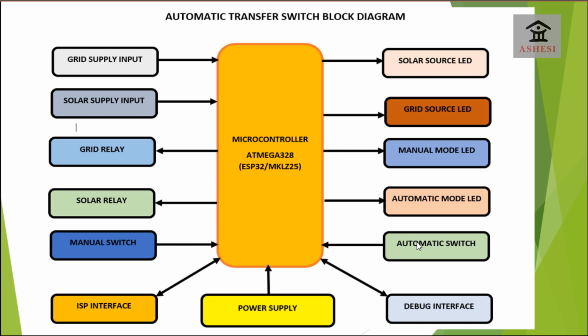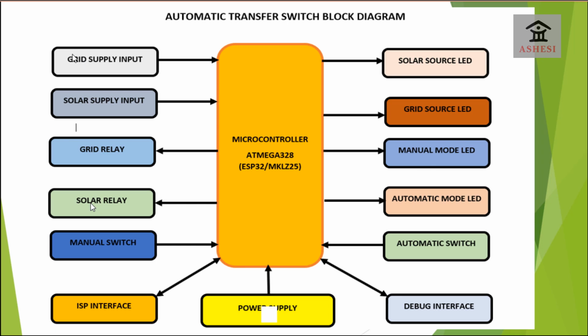There will be 2 push buttons. The first one is to put the system into automatic mode, and the second one is to put our system into manual mode. Now, we are going to be having 2 relays. The first relay, which is the grid relay, will control the grid contactor, and then the second one, which is the solar relay, will control the solar contactor.